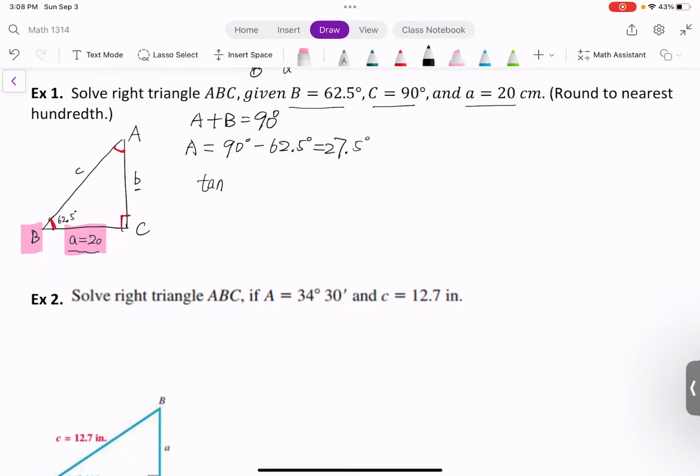Tangent 62.5 degrees equals opposite b over adjacent 20. Can you solve for b? Yes, we can. Both sides multiply by 20. b is 20 times tangent 62.5 degrees. Let's use our calculator to find this.